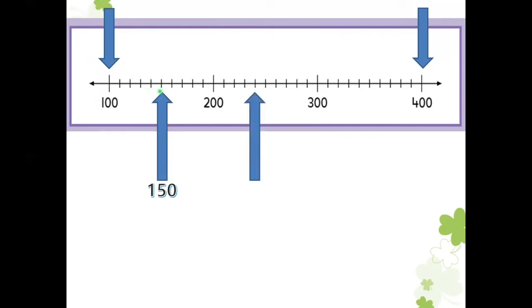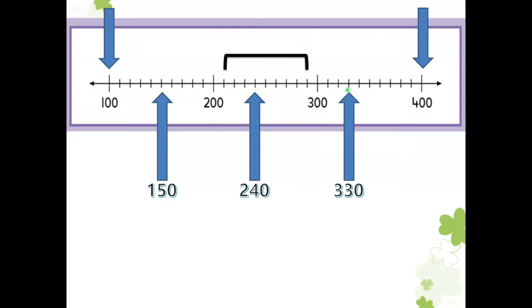How about this arrow? What number does it show? From 200 plus 10, it's 210, 220, 230, and 240. How about the next arrow? So we have 300, 310, 320, and 330.